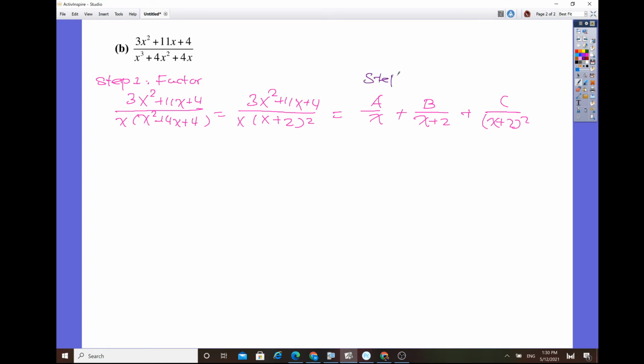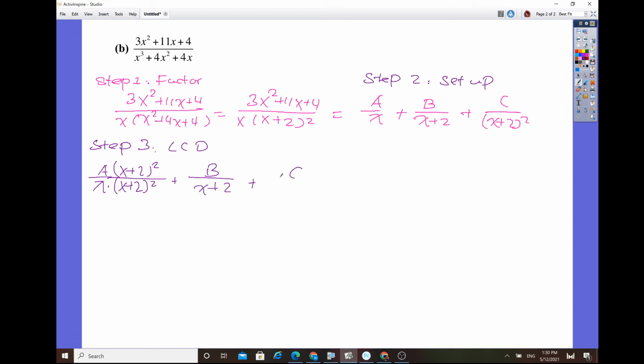So what we did here, this one's step 2, the setup. And then step 3, LCM or LCD. So a over x: in order to get that to the same denominator, we need to multiply by x plus 2 quantity squared, top and the bottom. Okay, let me just rewrite all this down here first, so we can figure out what's missing.